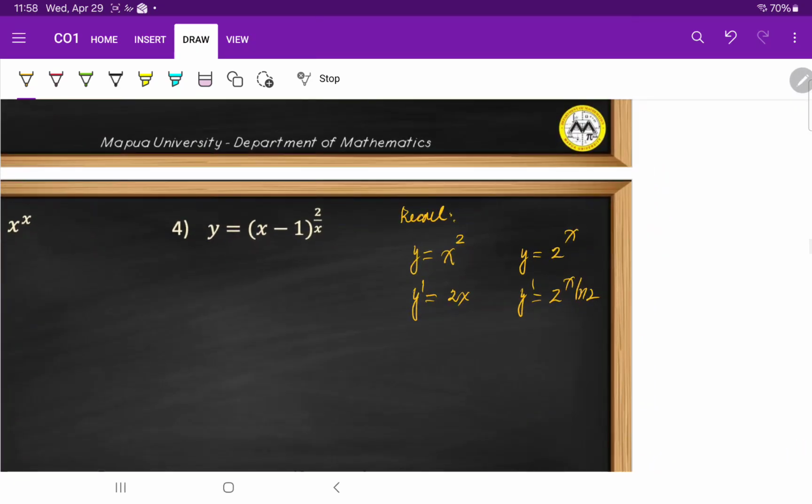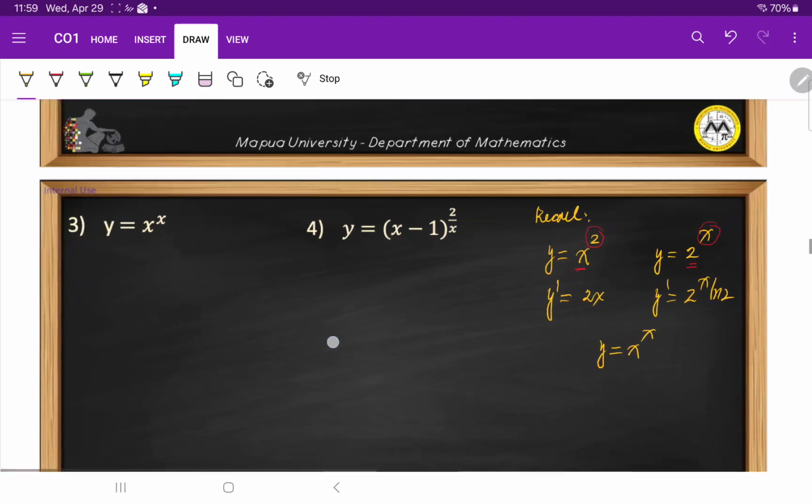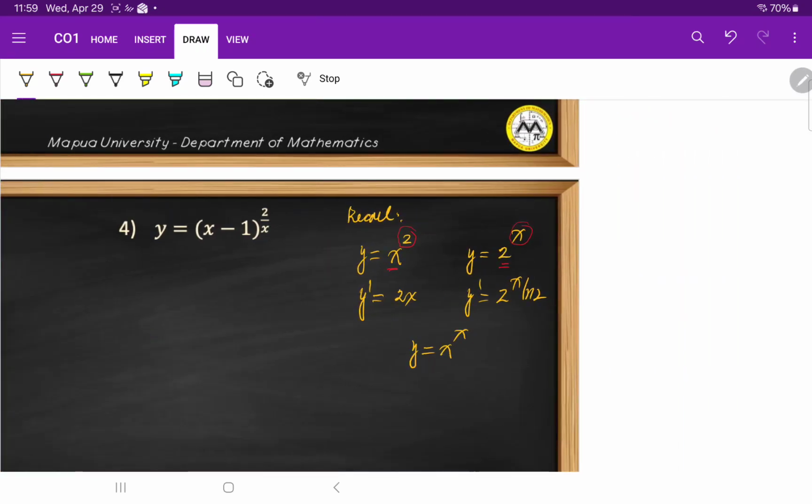So in the first example, the base is a variable and the exponent is constant. But here the base is constant and the exponent is variable. Now, how if we have y is x to the x? That's this problem here. Both the base and the exponent are variable.